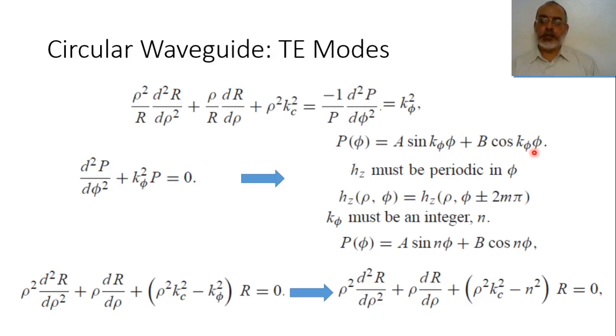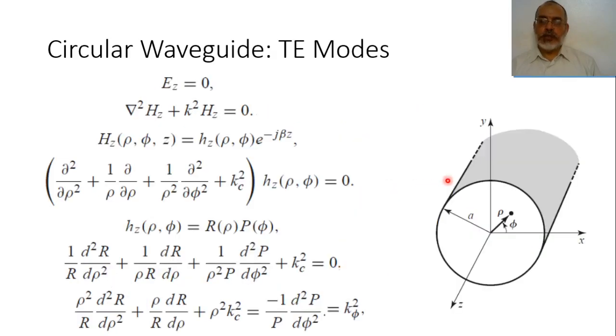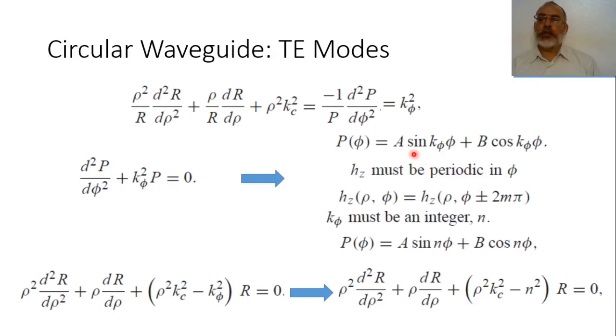And it should be noted that the magnetic field Hz must be periodic in phi. This means that if I rotate around phi a complete cycle, I should return to the same value here. So the function of phi should be periodic in phi. And to be periodic, while it is sine k phi multiplied by phi, the complete cycle of phi here is 2 pi.